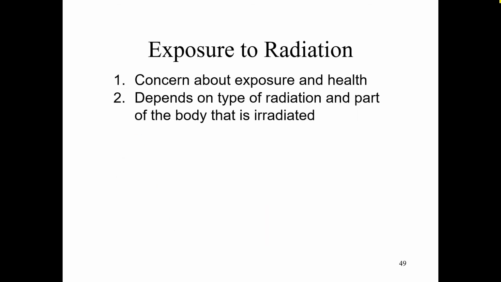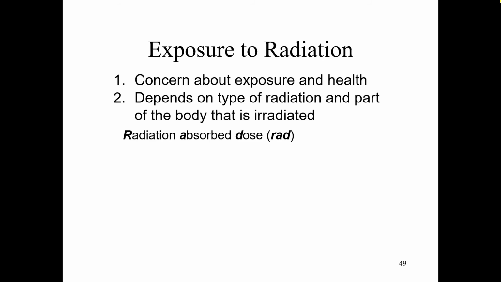For example, when we think about exposure to radiation, there are two factors here. One is the type of radiation, because remember, different types of radiation have different degrees of penetration, and also what part of the body is irradiated. So one of the things that scientists do here is they define what is called a radiation absorbed dose, or RAD.